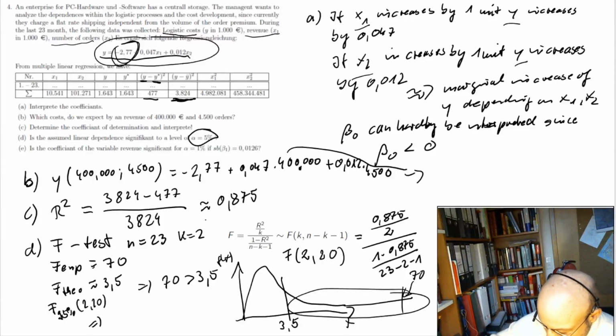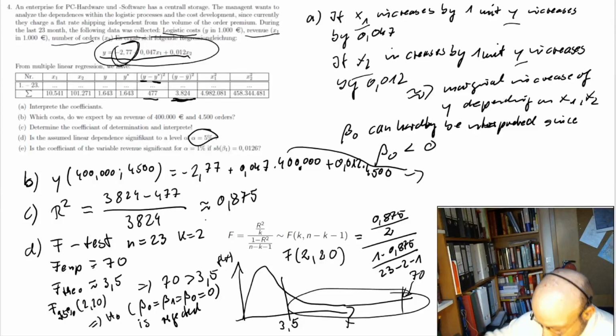Then H0, beta 0 equals beta 1 equals beta 2 equals 0, is rejected.